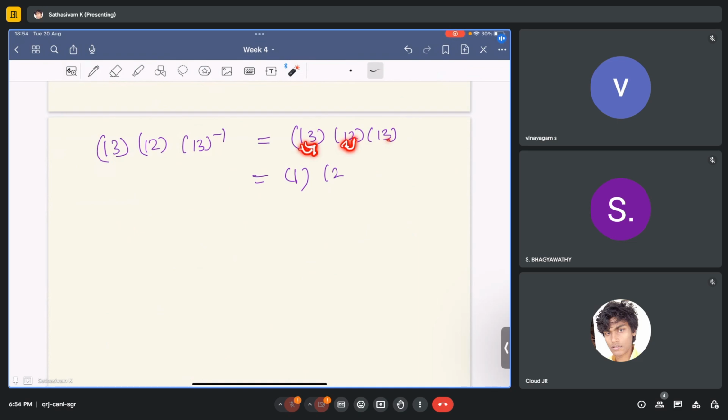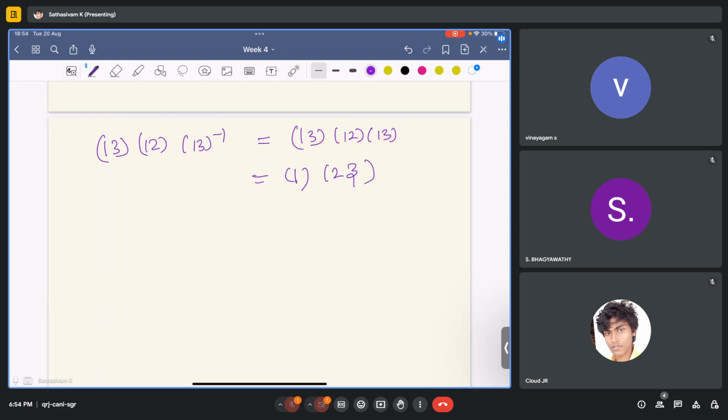So 2 goes to 3. Now let's look at where 3 goes. Here 3 goes to 1, and 1 goes to 2, and 2 was fixed by the last permutation. So basically 3 goes to 2.